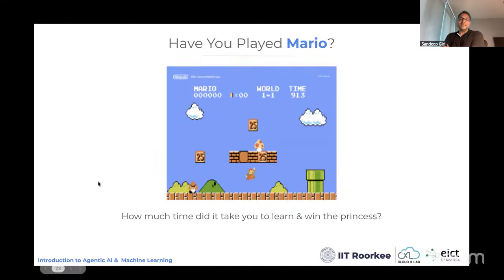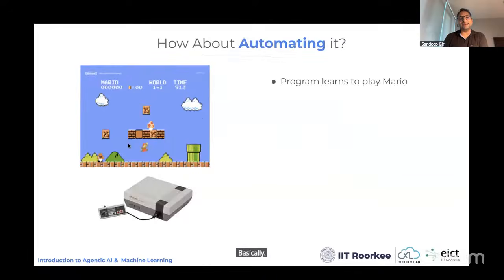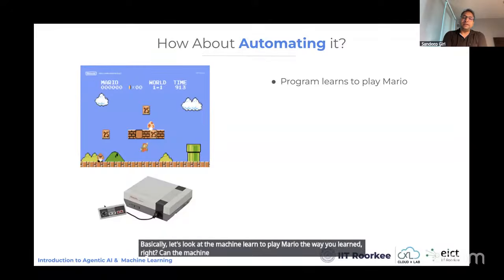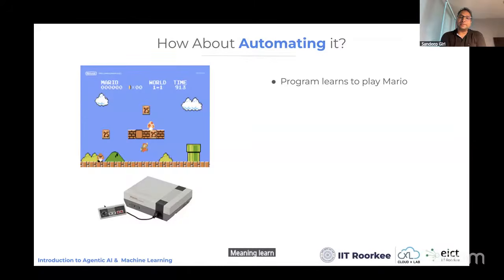All right. So let's look at whether the machine can learn to play Mario the way you learned. Can the machine itself learn to play, meaning learn to press those buttons which give it the best score?